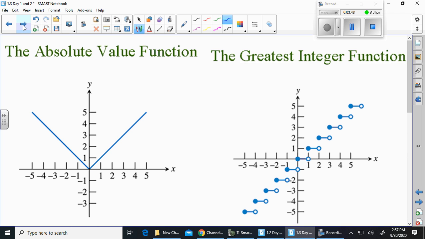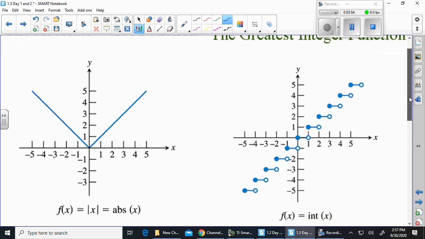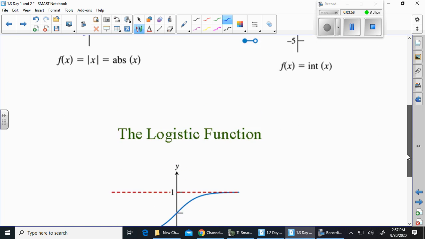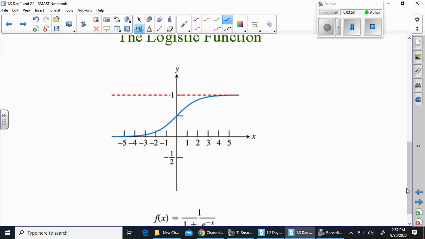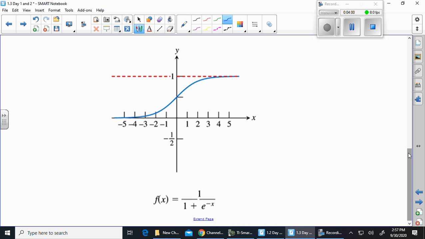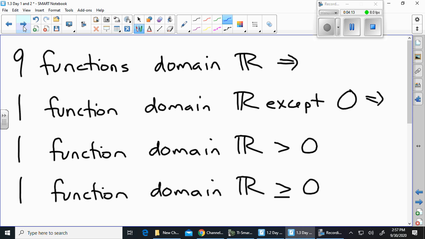Greatest integer is something we really don't talk about in math. I talk about it, I introduce it. And then we have this logistic function. A logistic function looks like a cube root, but it doesn't go through 0, 0. So that's sort of different in how it looks.